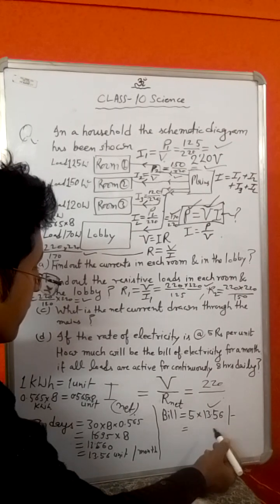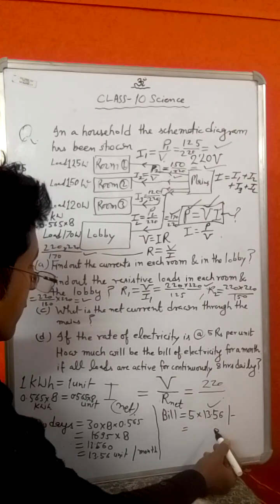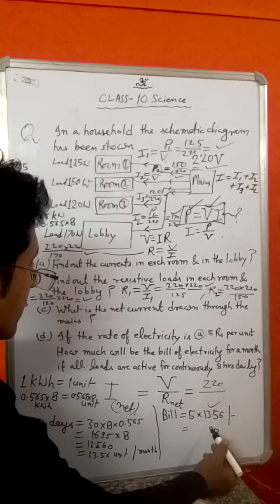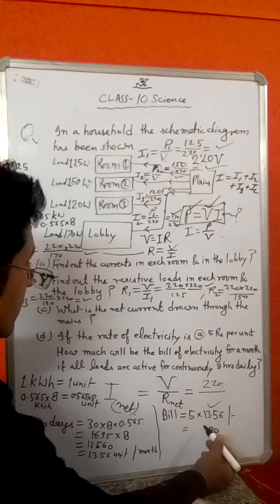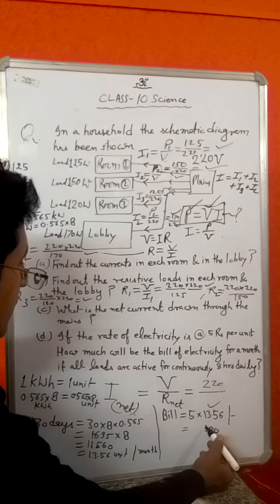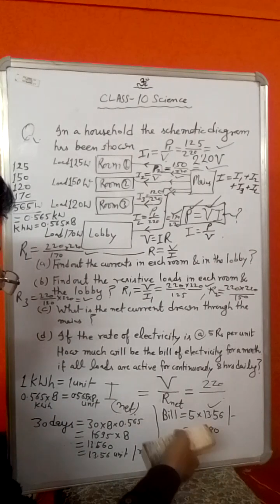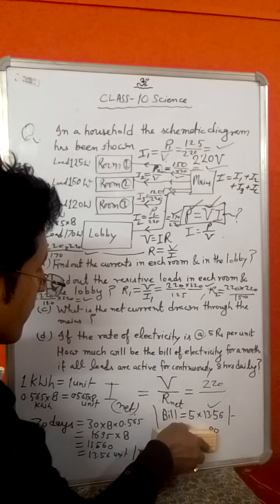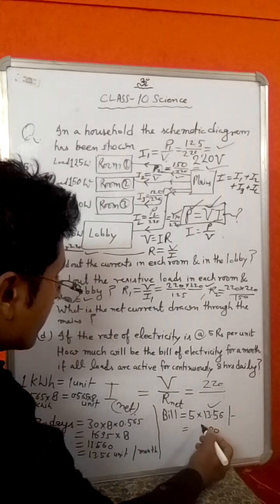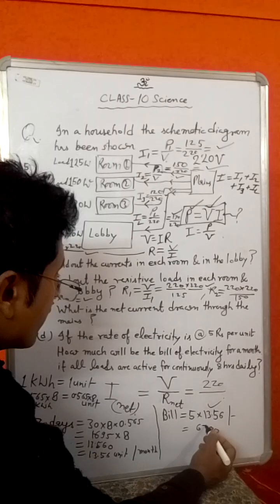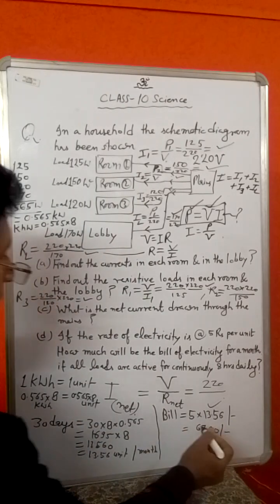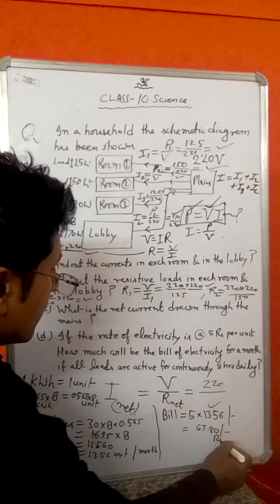So you are getting 67.8 rupees. This is your monthly bill.